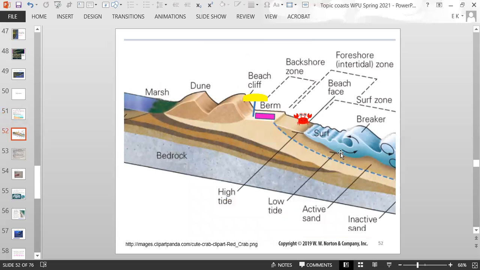So here is a diagram from the book. And again, it shows your foreshore. That's also called the intertidal zone because during high tide, it's underwater, and during low tide it's exposed. Your back shore, the berm, and here's the sand dunes or the cliffs.